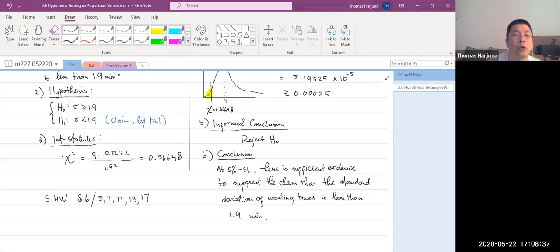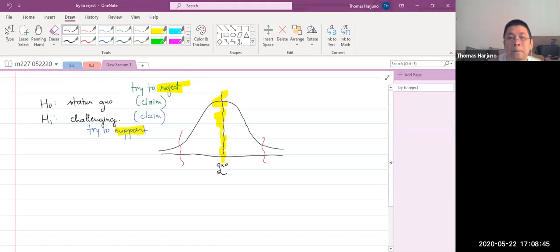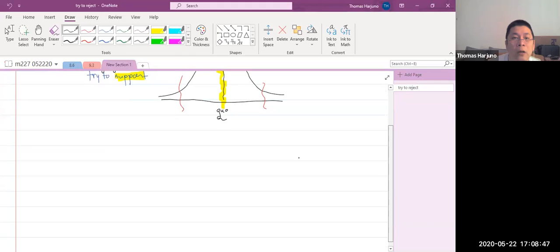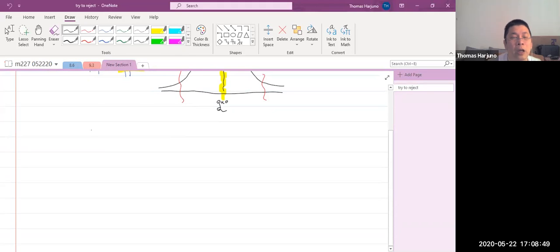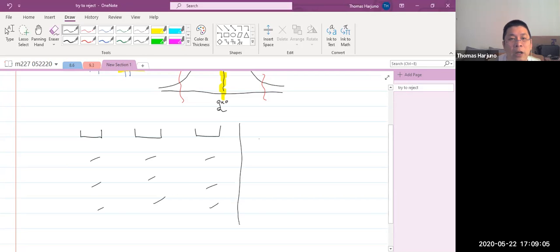You know what? I would like to say one more thing about this waiting times, the single line waiting lines thing. I said earlier that the standard deviation of multiple waiting lines is larger compared to the standard deviation of waiting times for a single line.